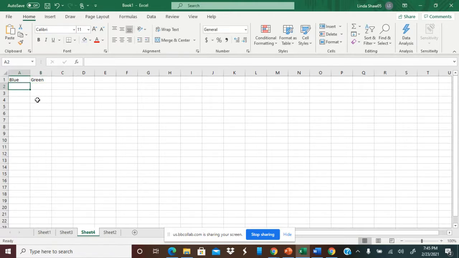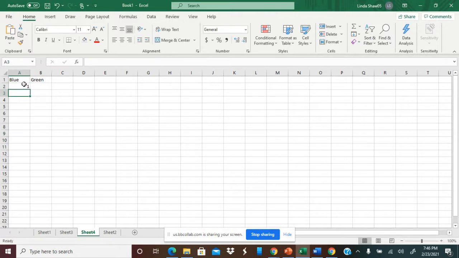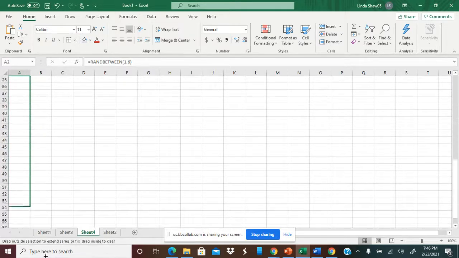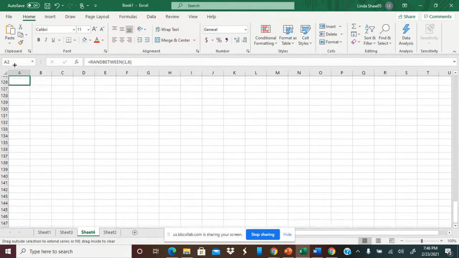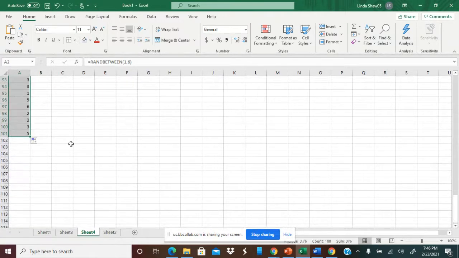Now Linda's going to get random numbers for all of these, using a random between 1 and 6. That time it got 1. She's going to pull this down, let's just do 100 of these, so she's pulling it down all the way to 101 because she used the first row for the color.